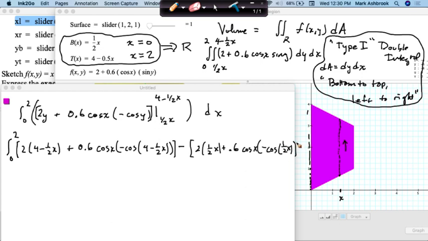Lots of parentheses here. And now that whole expression, dx. We'll stop.